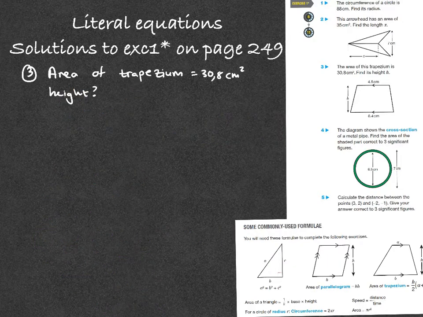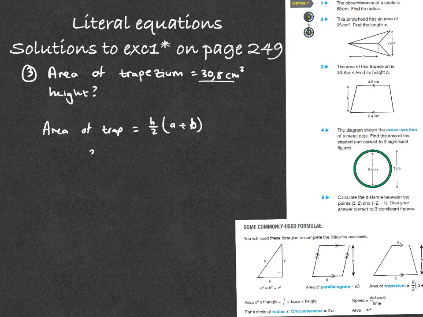So question 3. The area of a trapezium, the area has been given to you. It's 3.8 centimeters squared. And we want to know what the height is. So the area of a trapezium is h over 2 times the lengths of the two parallel sides.